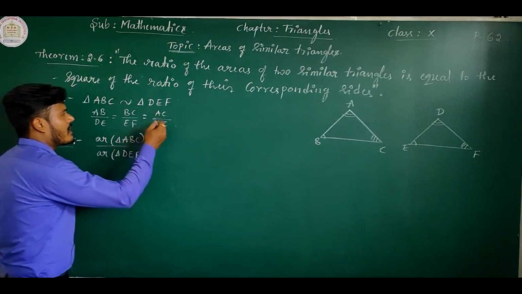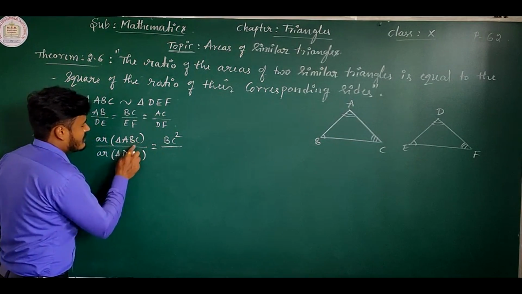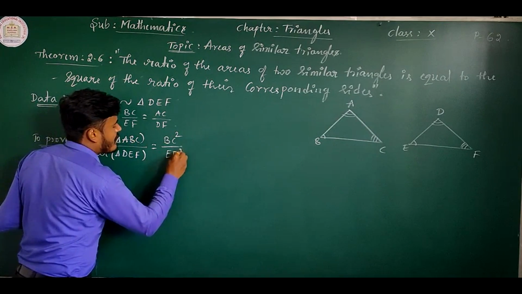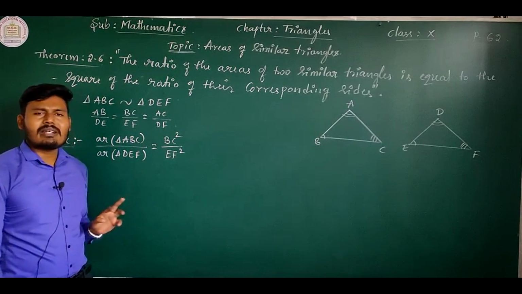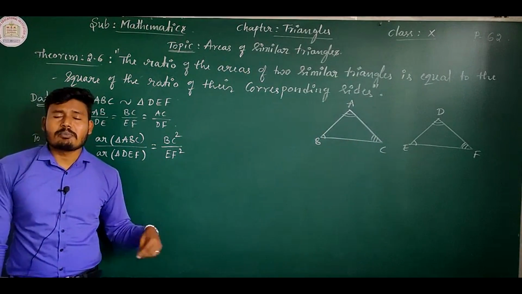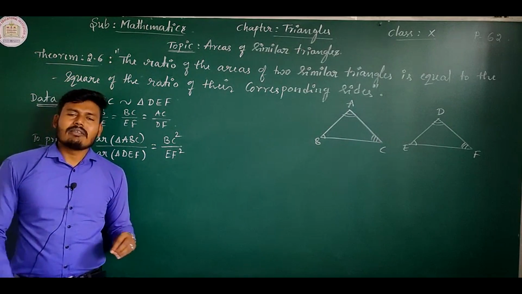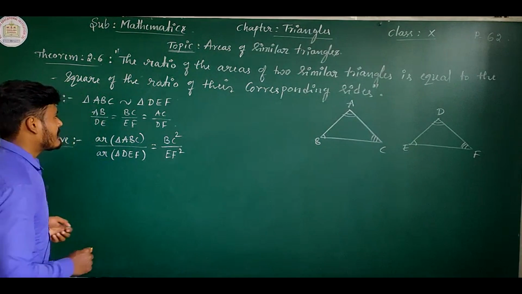So those corresponding sides are, you may consider BC square divided by EF square, or you may take AB square divided by DE square, or AC square divided by DF square. You can take any of them. So I will teach how to prove BC square and EF square here. You can prove whichever you want; they will not particularly ask to prove this one. So you just keep it in your mind.